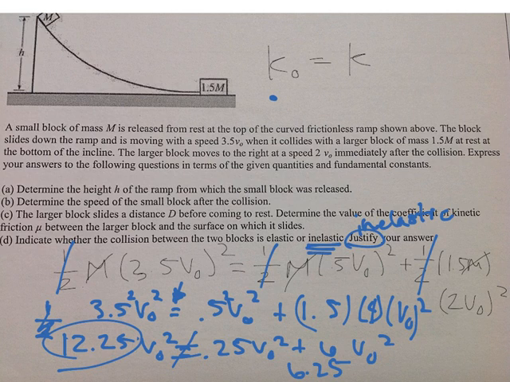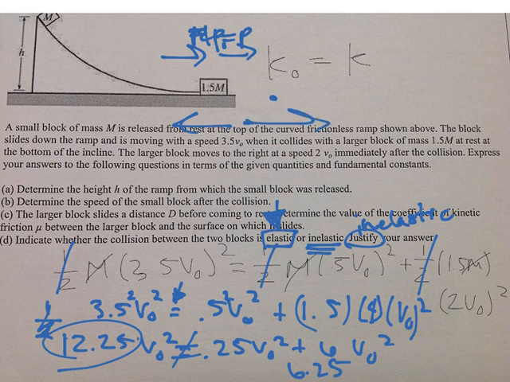You also could have gone on with the idea that if both blocks move forward and momentum is conserved, that means they're both going to have to slow down if their velocities are in the same direction. For kinetic energy to be conserved and it to be elastic, it has to bounce off, which means the tiny block needs to be going the other direction, which didn't happen in this case. So by default, it's not going to be elastic just based on knowing that fact.